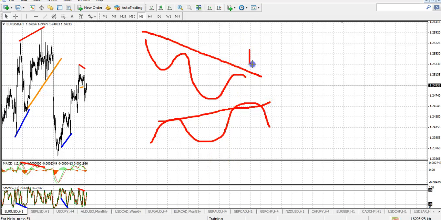The market's made a lower high, but that's a higher high on the oscillator indicator, your MACD or your stochastic. Okay, that's hidden divergence.